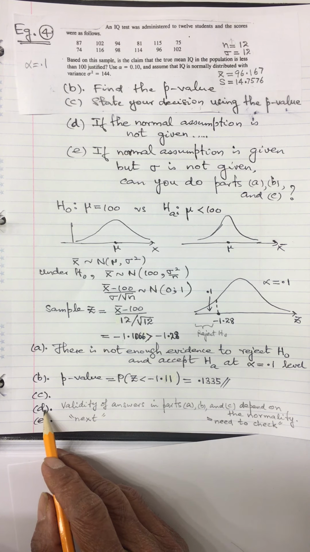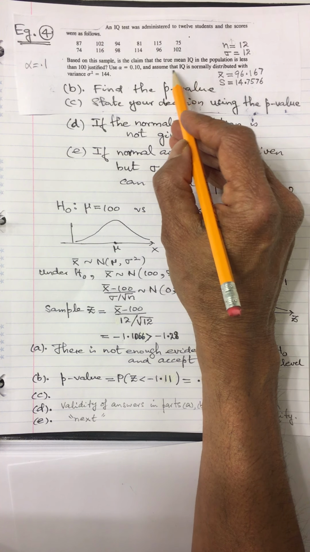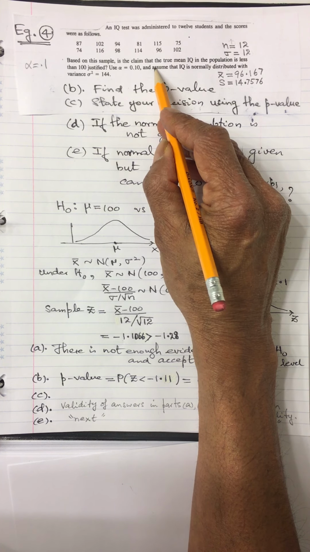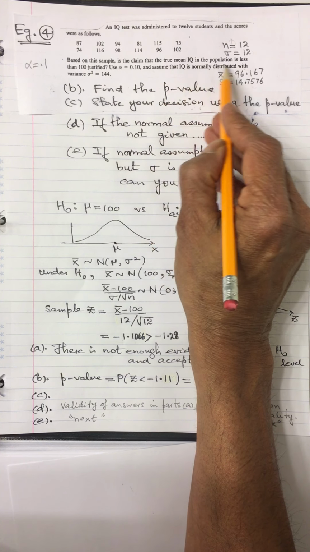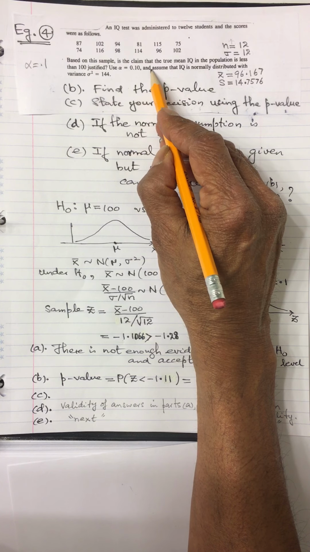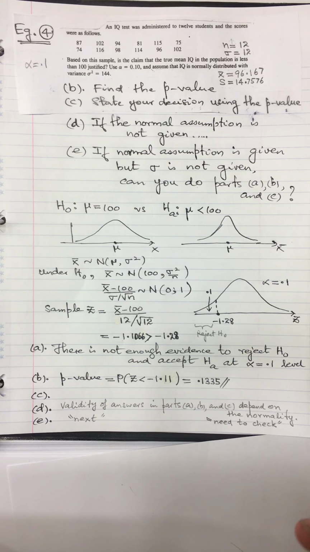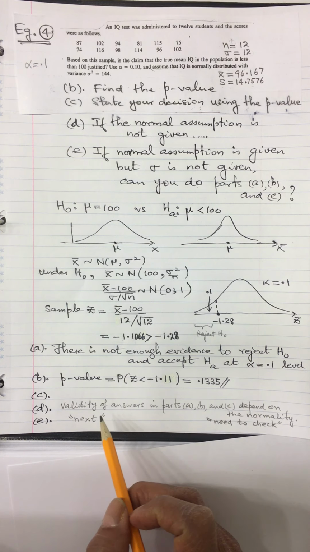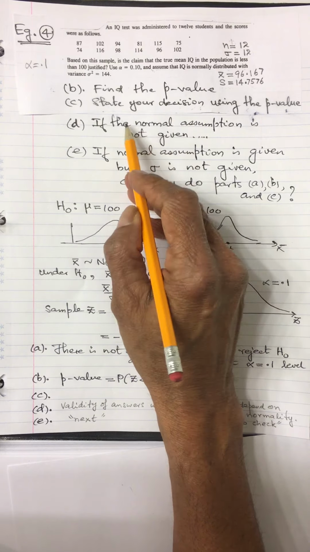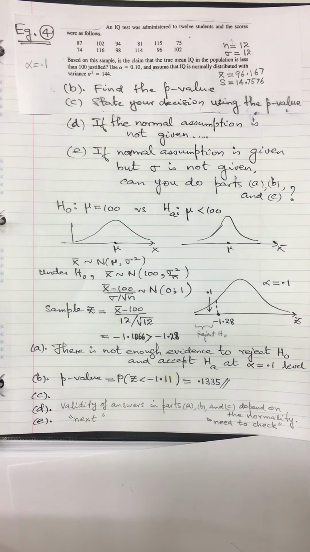Part D, if the normal assumption is not given. In other words, suppose the normally distributed part is not there, still the variance is given. Can you do that question?